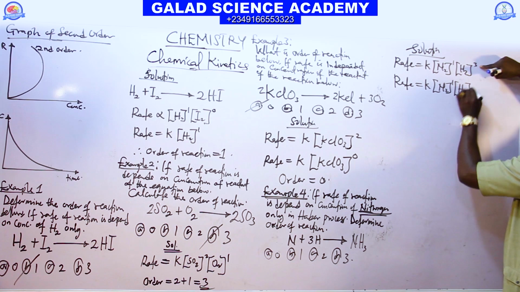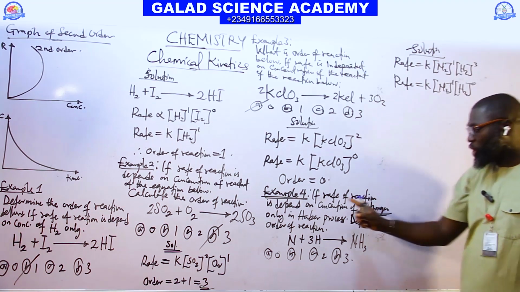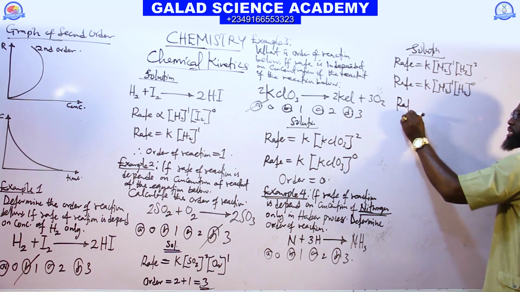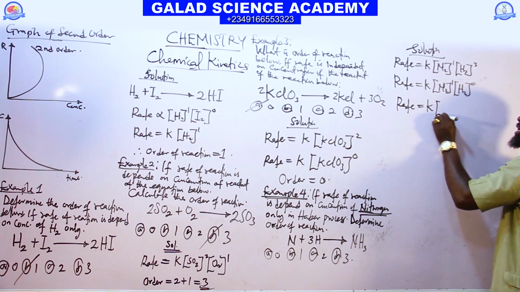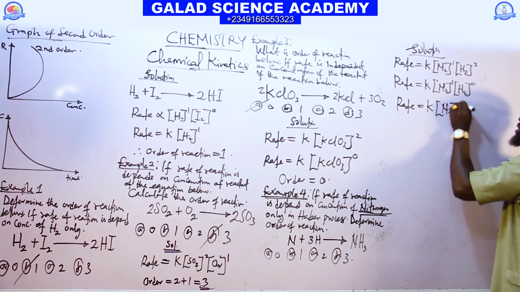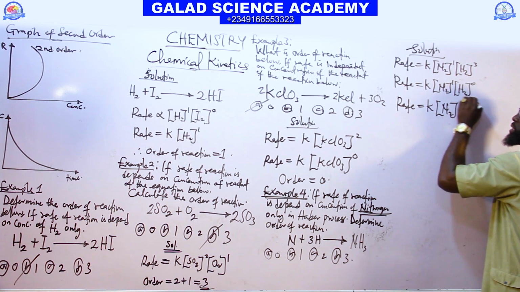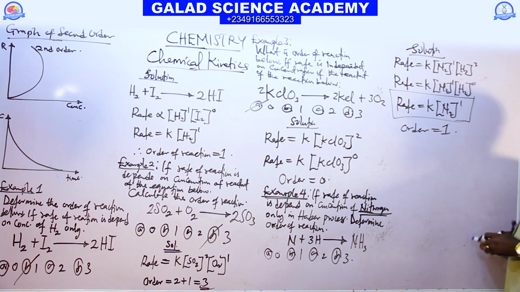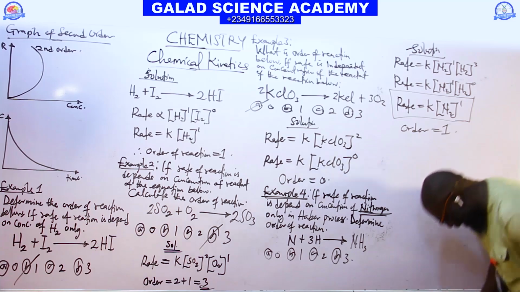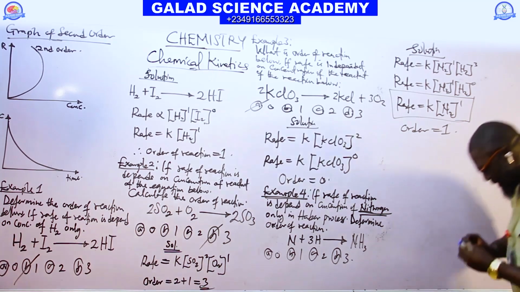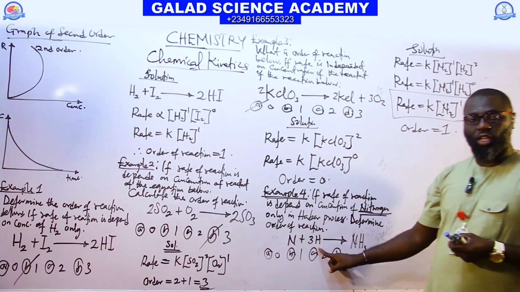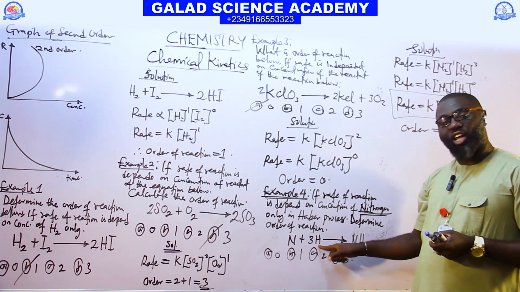Hydrogen will be 0, because rate has nothing to do with hydrogen here. So you will now have rate of reaction K, N2 to the power 1, and the order of reaction here is 1. But assume that the rate depends on concentration of hydrogen only.